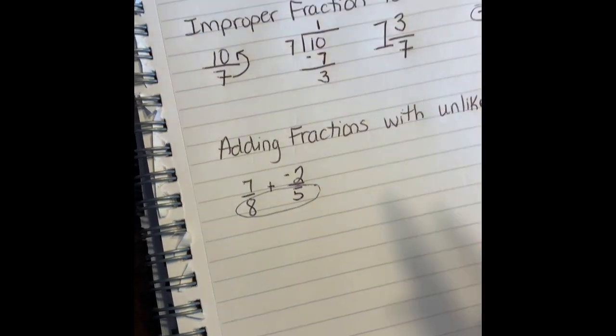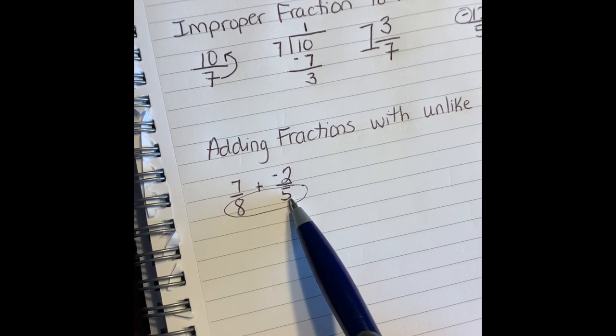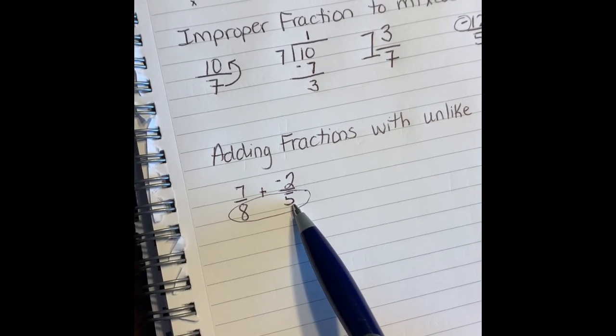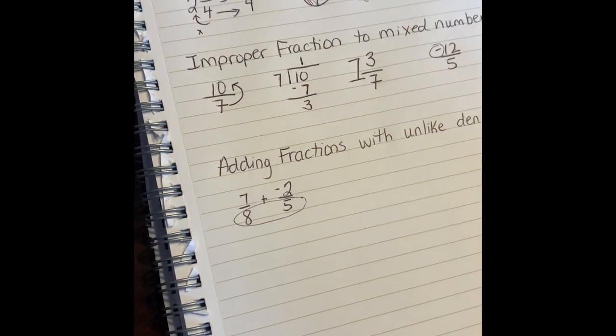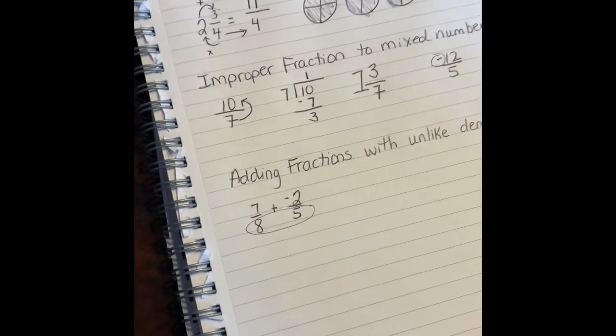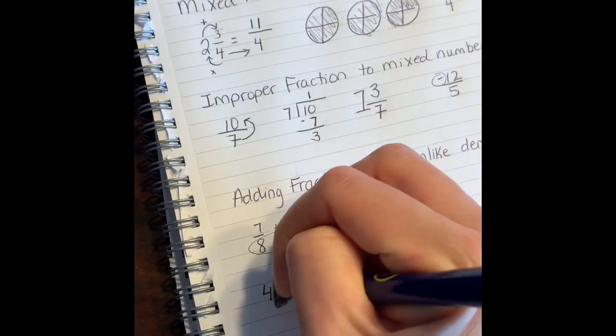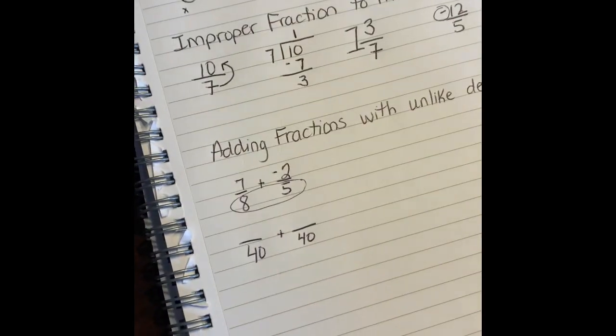Because what we're doing is taking these two fractions and changing them into equivalent fractions that have the same denominator. I've already determined that if I multiply 8 and 5, I can get a new denominator of 40 for each of these fractions.